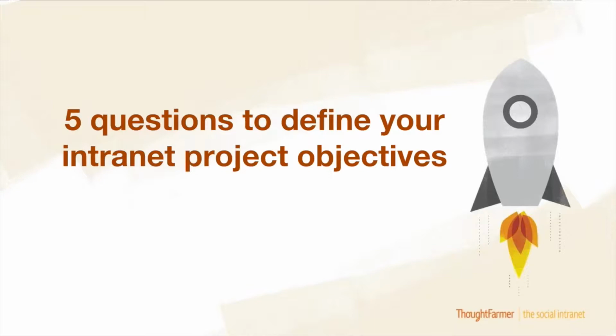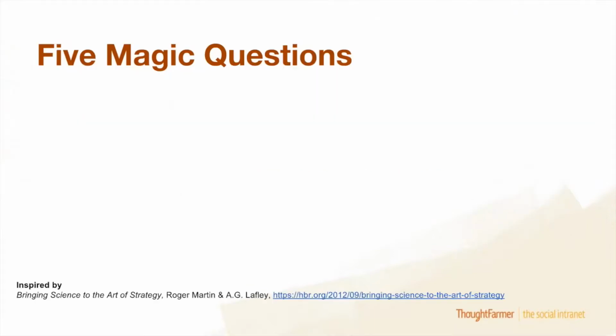So when you sit down to define the tasks and activities that will become part of your intranet implementation, the first thing I want to share with you is magic. I have 5 magical questions that can help you narrow down very concrete objectives for your intranet, and that will help you come up with a really focused project planning approach.